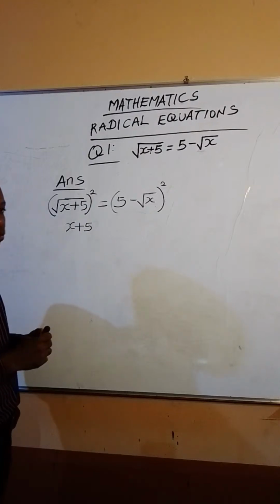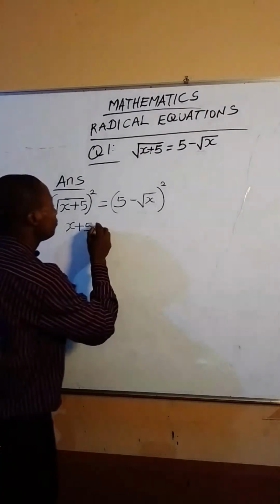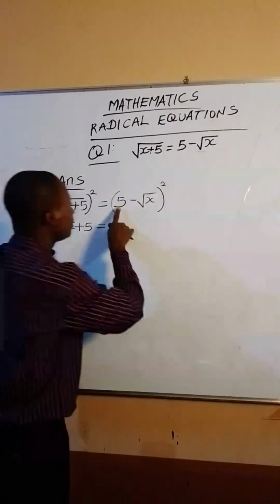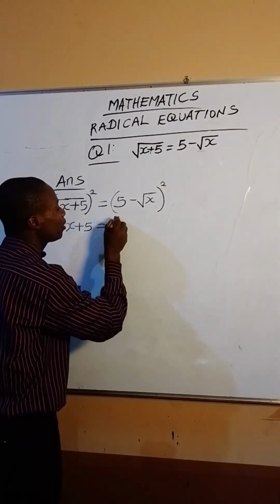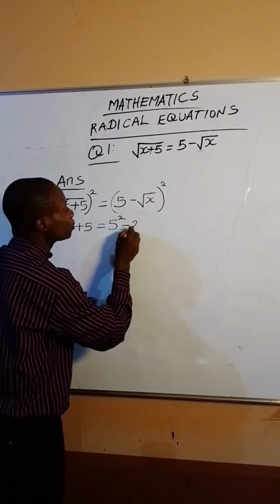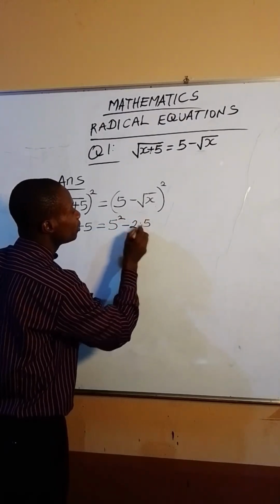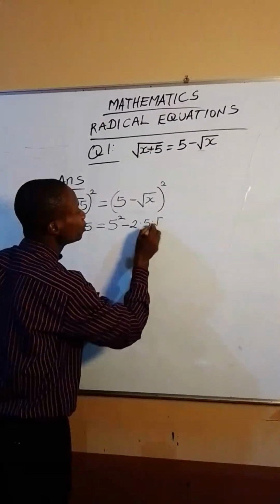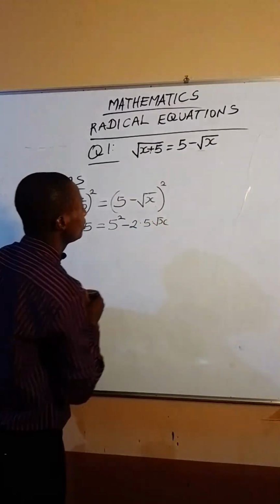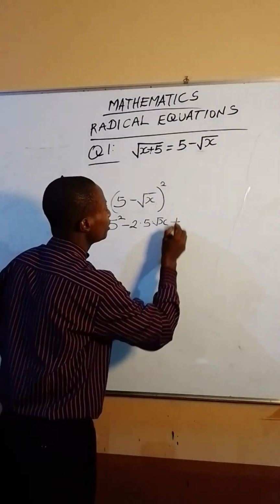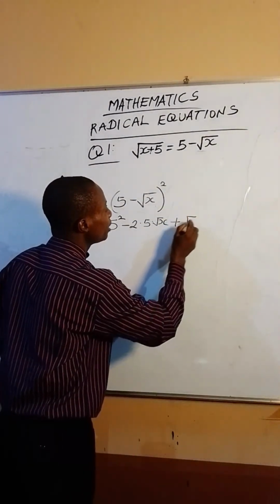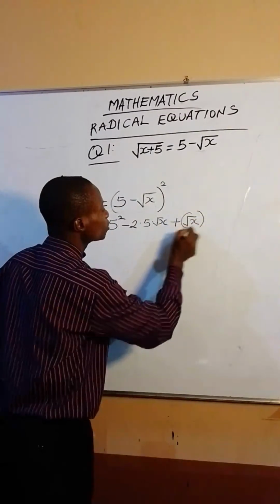Then, if we square this part, we are going to have 5 square minus 2 dot 5 dot root x, then plus root x squared.